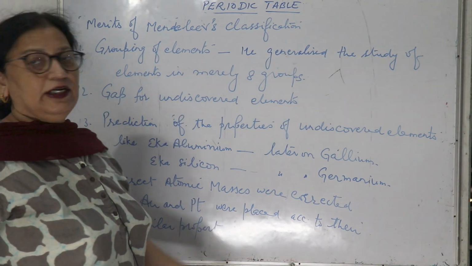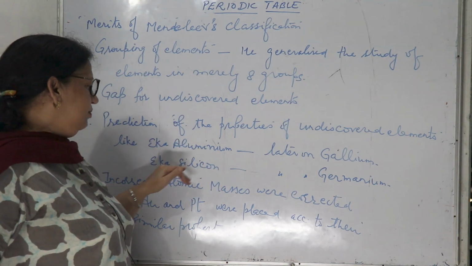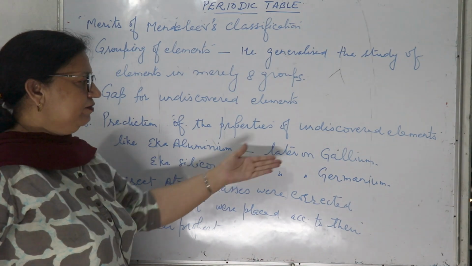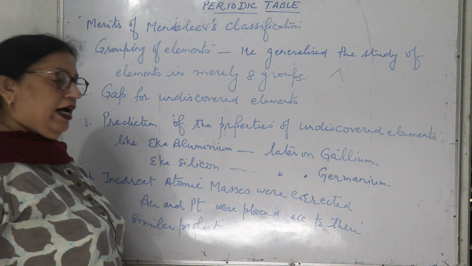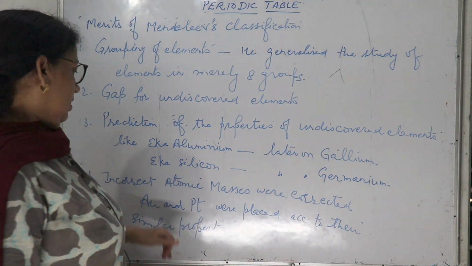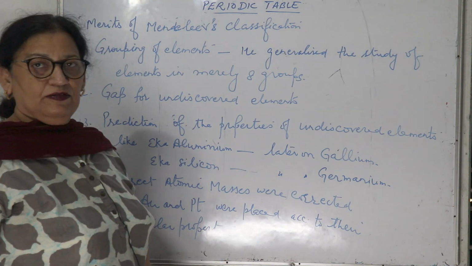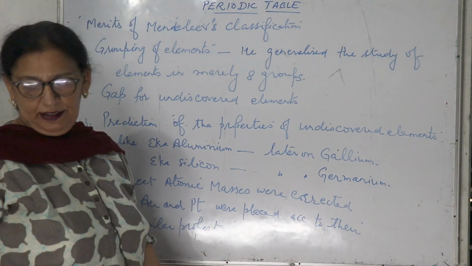Thirdly, he predicted the properties of undiscovered elements like Eka aluminium and Eka silicon. Later on when they were discovered, they were gallium and germanium, and he corrected the atomic masses of some of the elements like gold and platinum.